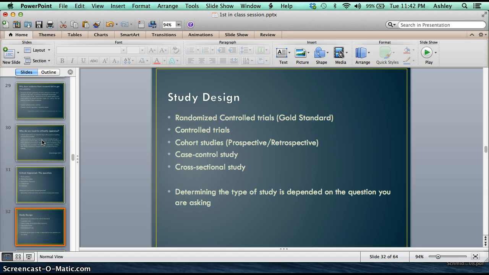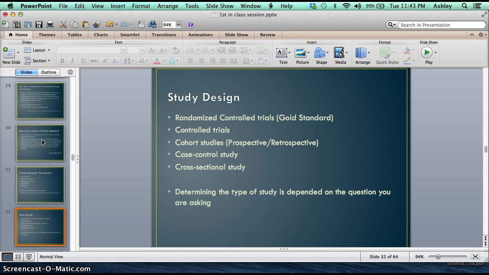Okay? Cross-sectional studies. So, cross-sectional studies describe the relationship between diseases and other factors at one point in time in a defined population. Okay, these studies generally lack information on timing of exposure and outcome relationships, and they only include prevalent cases.